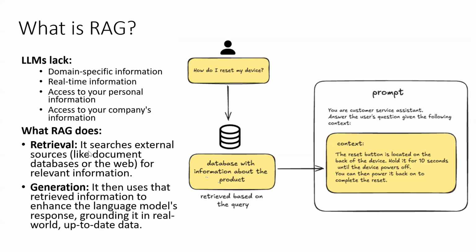Retrieval searches an external source, like a document database or the web, for relevant information. Generation then uses that retrieved information to enhance the large language model's response, grounding it in real-world, up-to-date data. This RAG can essentially be any external data source, like a weather API.